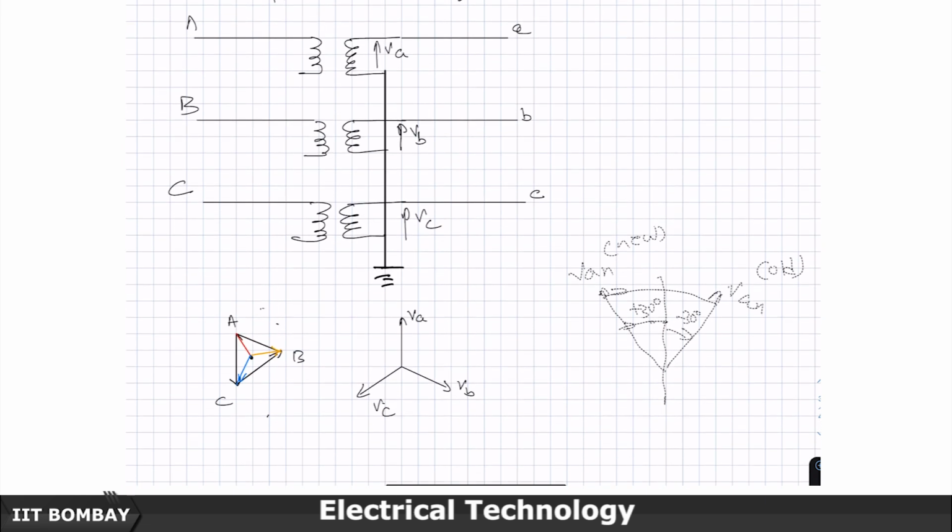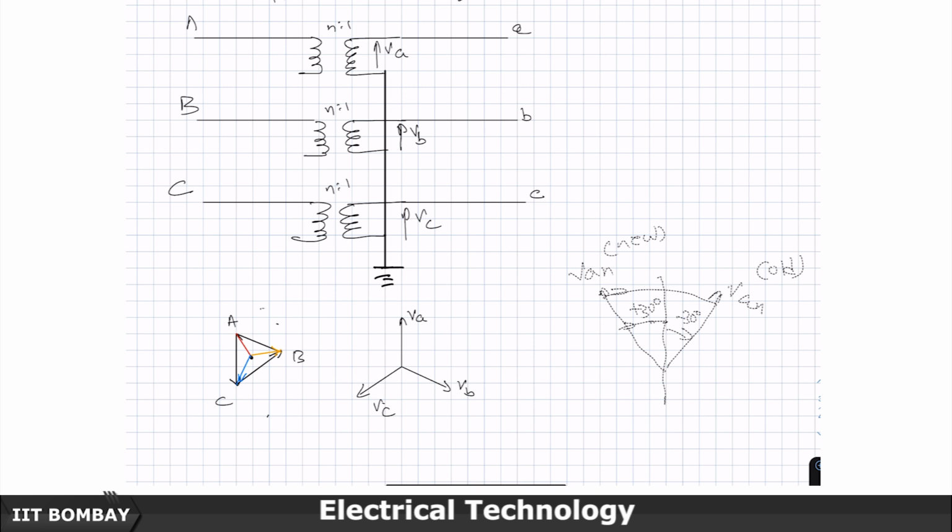See, this voltage is VA. Okay, this is N is to 1, this is N is to 1, this is N is to 1. Now this VA voltage on this side should be VA minus VC.